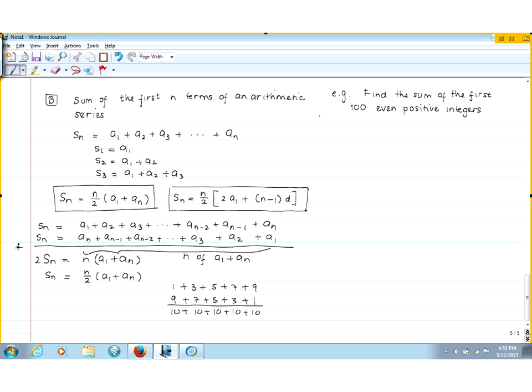Alright? So now, the easiest way is to write down all the even integers. So it is 2, 4, 6, 8, 10, etc. And then you have the 100th term. Yeah? Alright, so in this case, we don't know what a100 is yet.